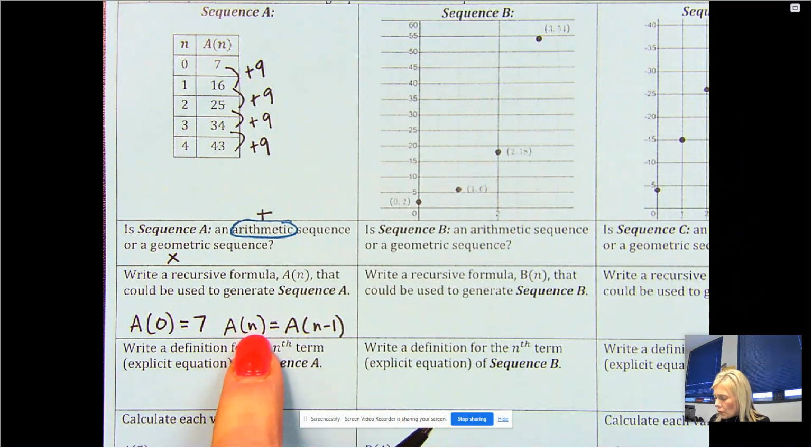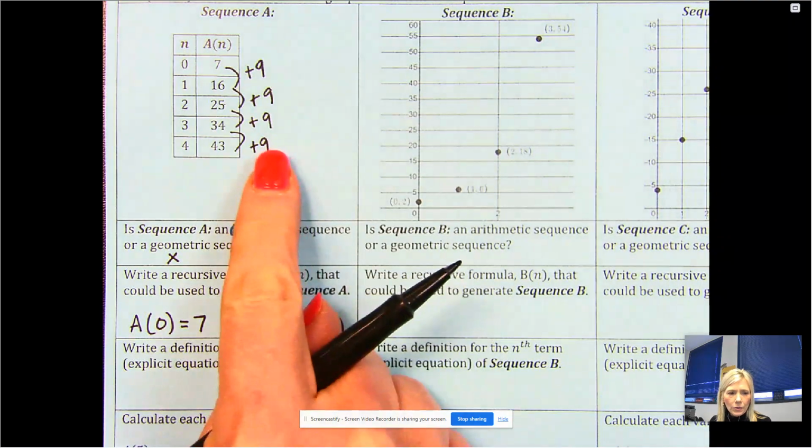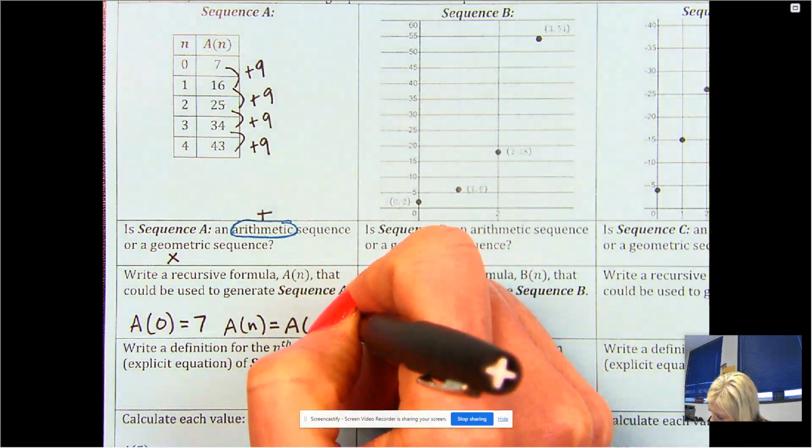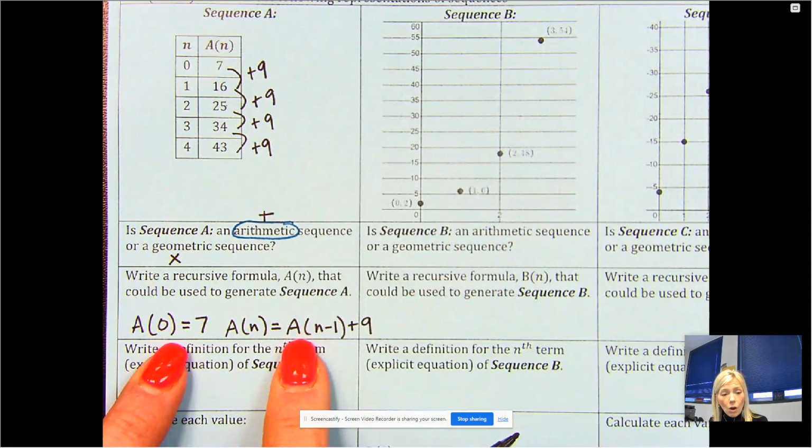So if this is the 5th term, this means the 4th term. You take that term and you add 9 to it. So plus 9. Recursive definitions always have these two parts.